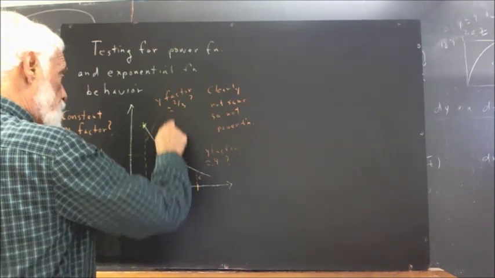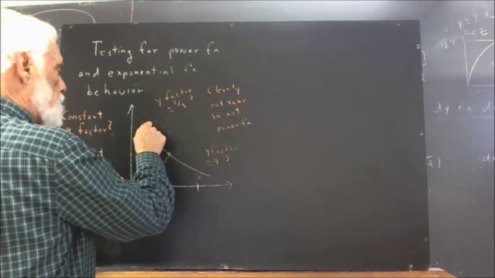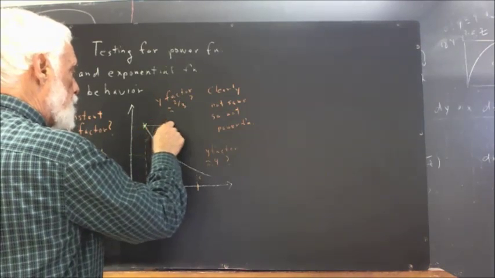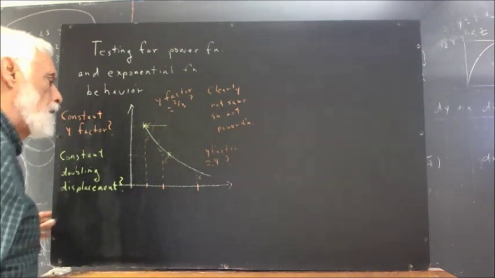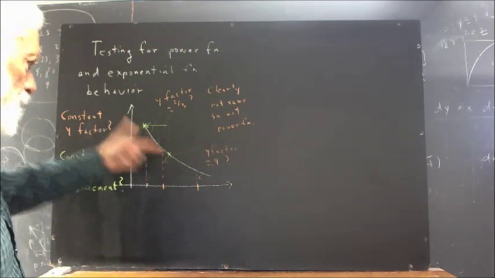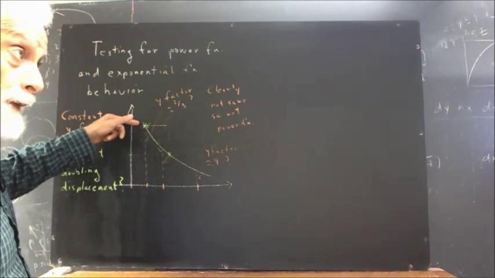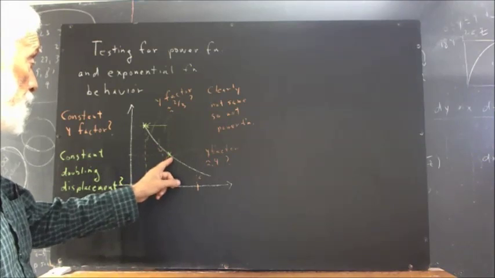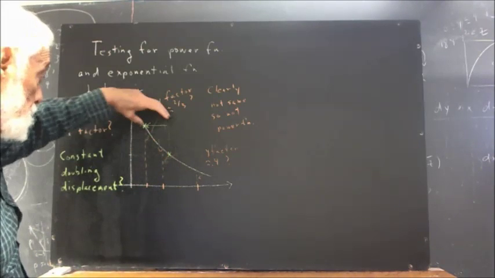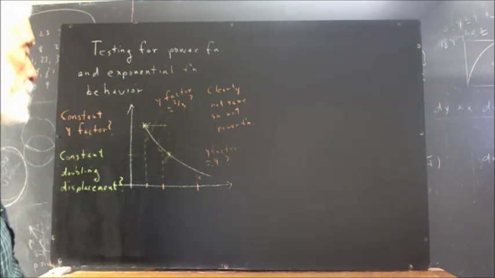So that is a doubling displacement. From here to here, the y value doubles. The doubling displacement is therefore this much in this direction.